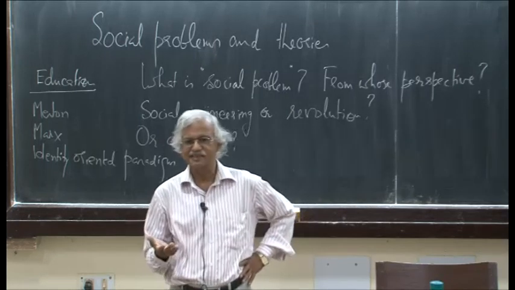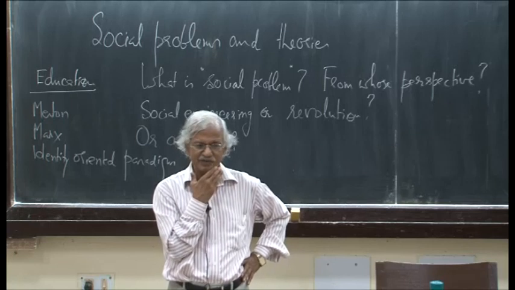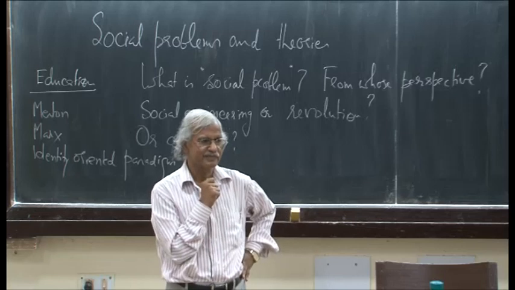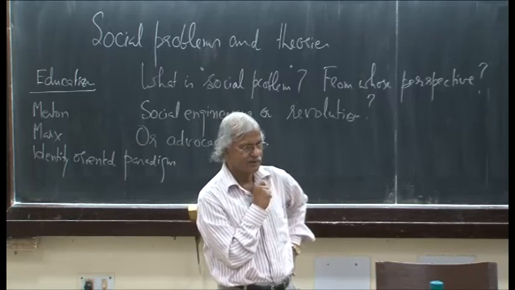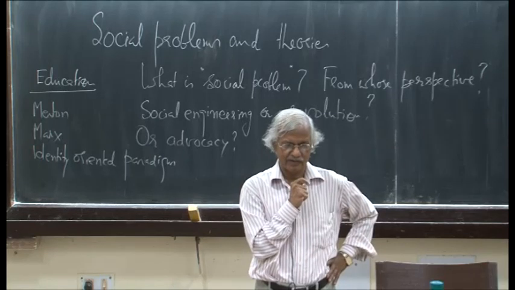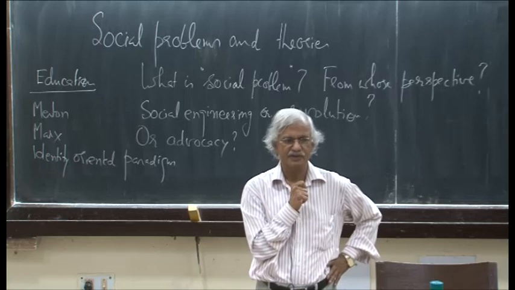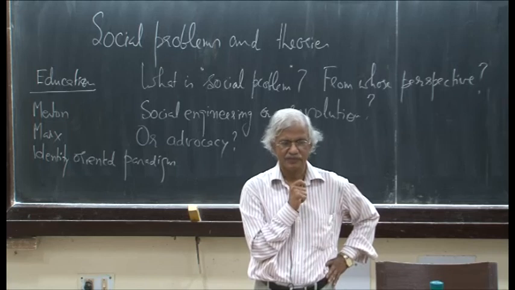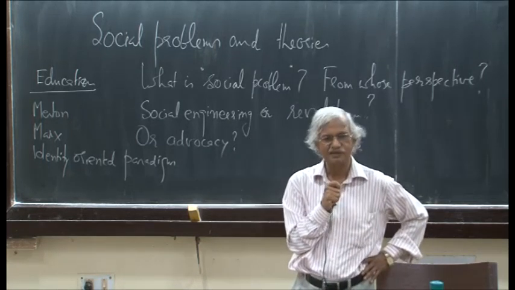Government of India will say that some of the problems of Indian society include population problem, high infant mortality, high maternal mortality, poverty, unemployment, illiteracy, or high school dropout, or communal conflicts, etc.